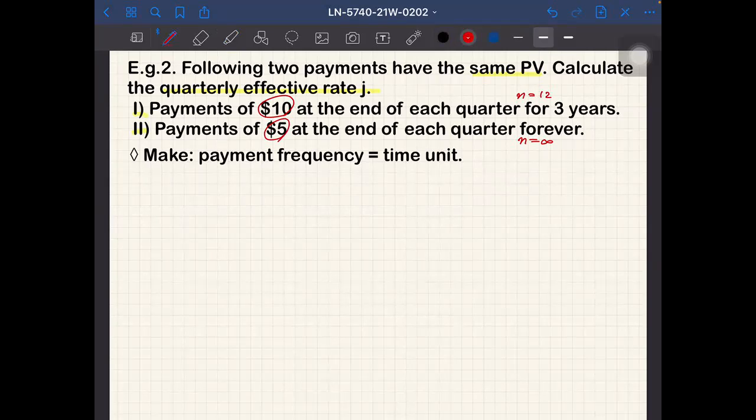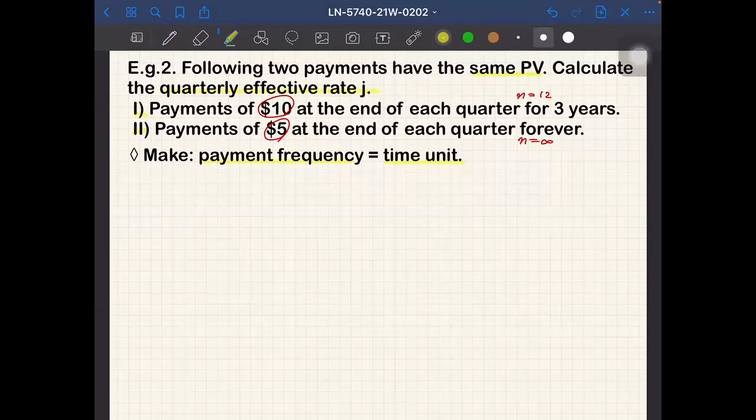So basically cash flows 1 and 2 can be calculated by the annuity formula and the perpetuity formula given the interest rate. So both are a function of the quarterly effective interest rate J. If you equate the present values of 1 and 2, then we can solve for J. And the strategy is to make the payment frequency equal to the time unit.